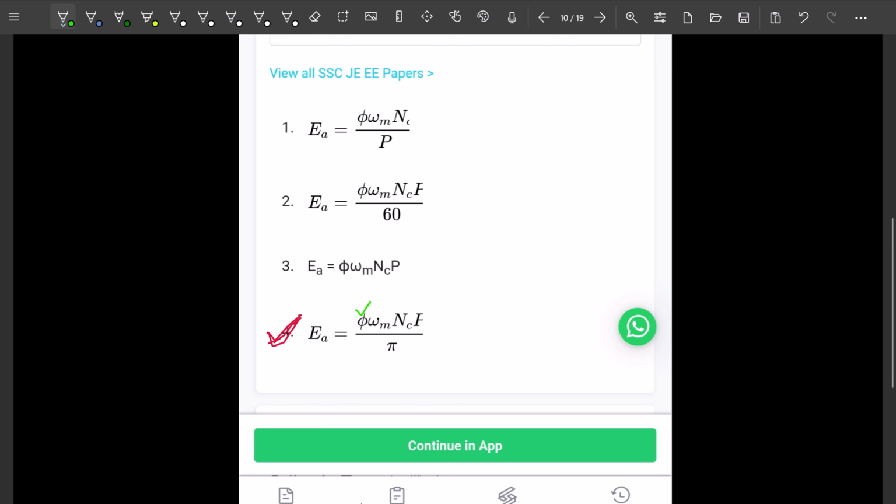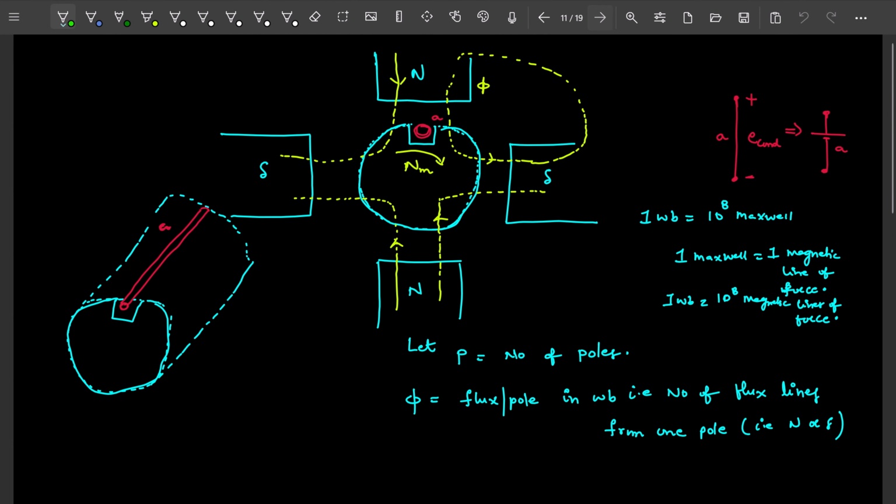We have phi P omega m and NC by P. Four terms.